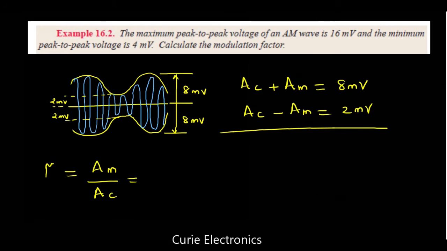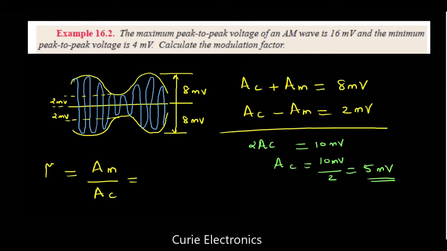Once we add these two equations, what do we get? 2 AC, the AM strikes out, equals 10 millivolt. So the amplitude of the carrier wave is 10 millivolt upon 2, which is 5 millivolt. So we got AC.